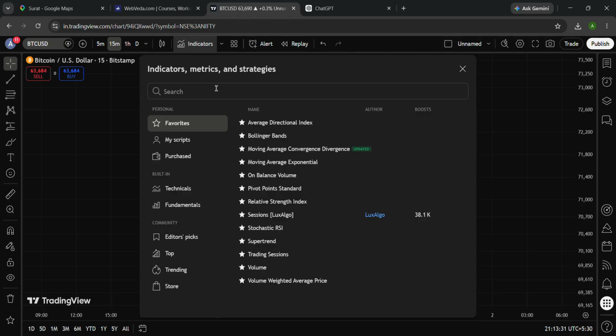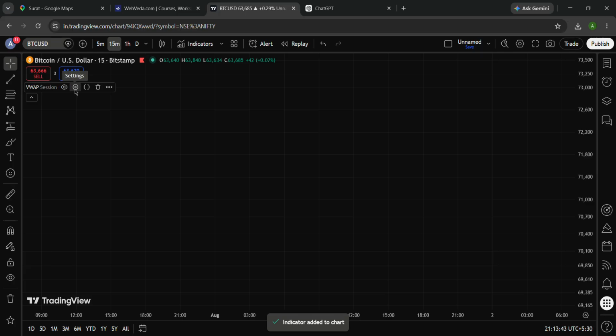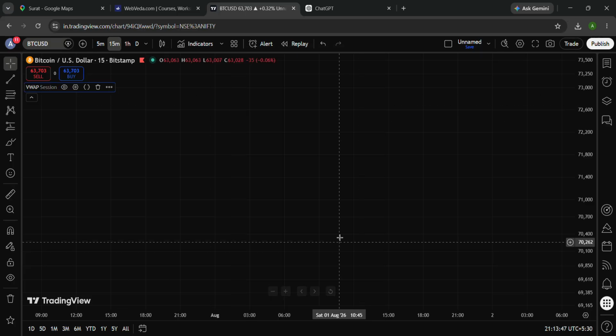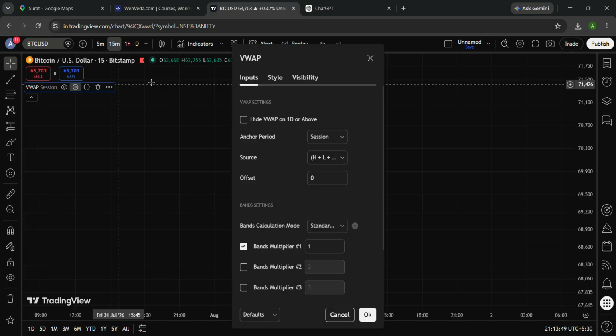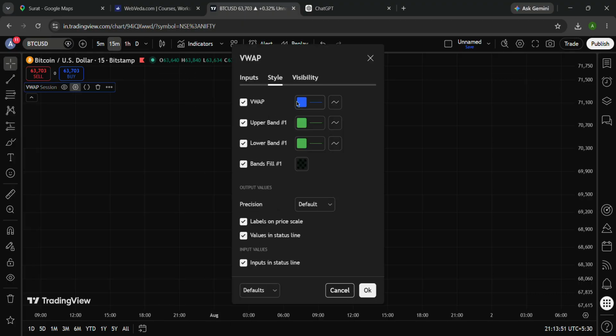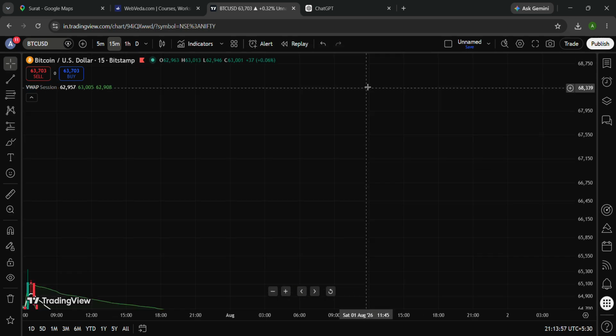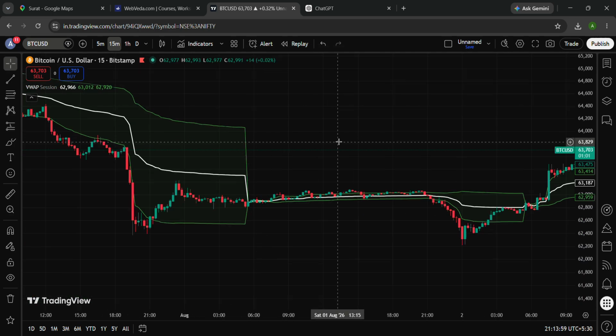You have to simply go to the indicators section and search for VWAP, volume weighted average price. I just click here, and you don't have to change any kind of setting. Just keep it as it is. You can just change the color of it, so let me change it to white and a little bit bold.